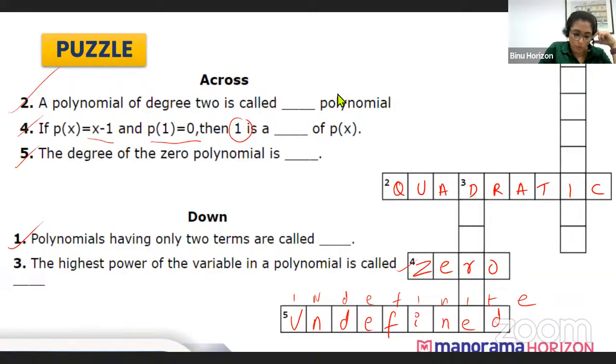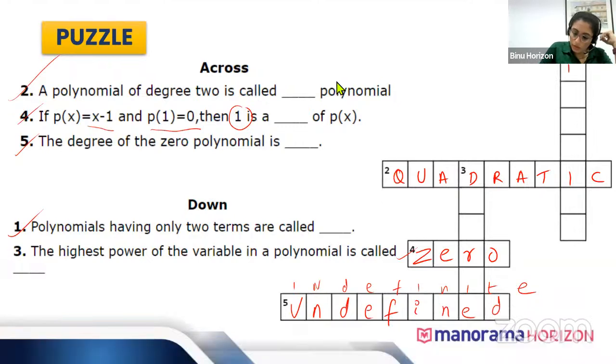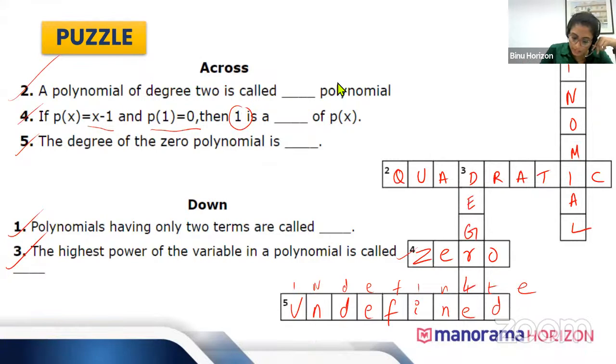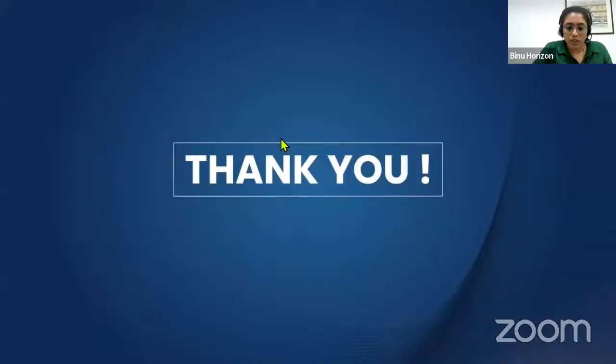It is binomial. Yes, correct. One down: binomial. Now, the highest power of the variable in a polynomial is called degree. Correct. Already it is almost filled. So this is the puzzle section.